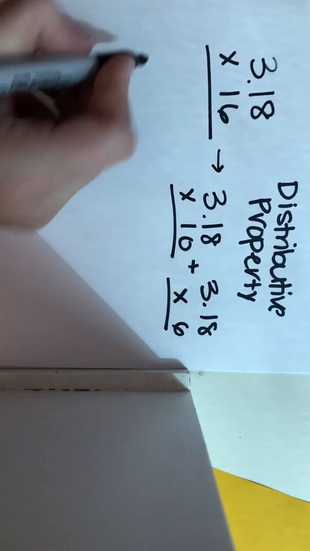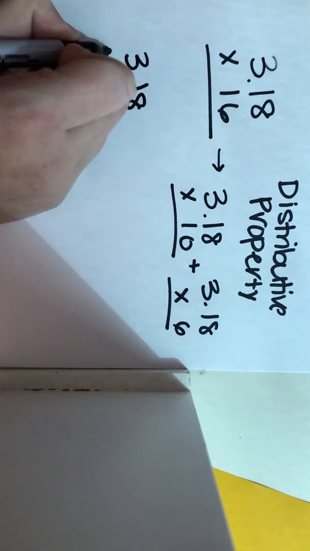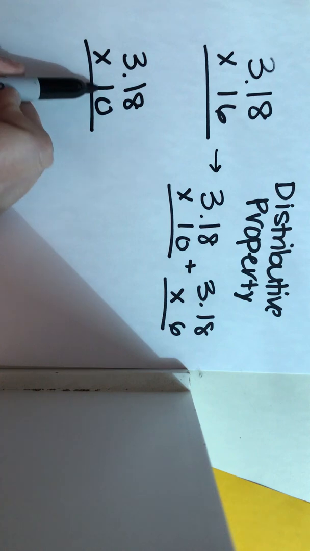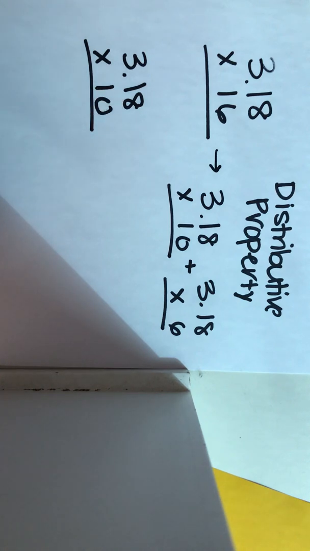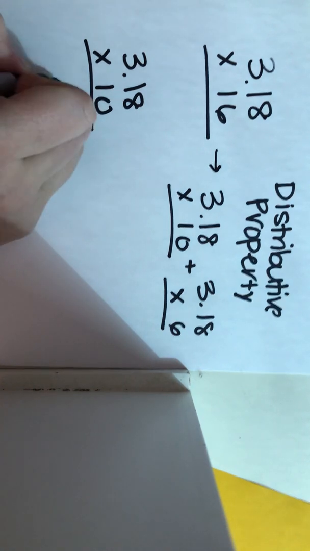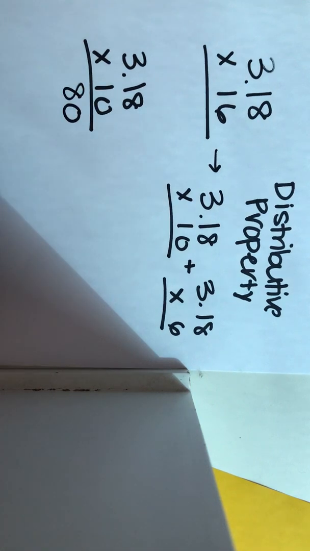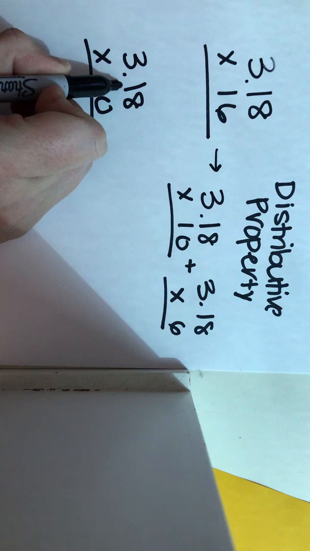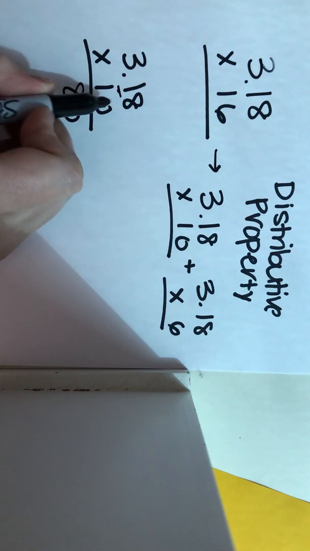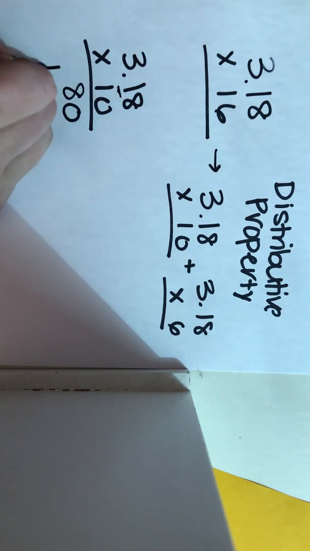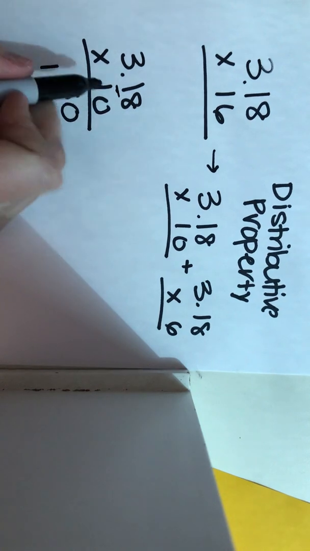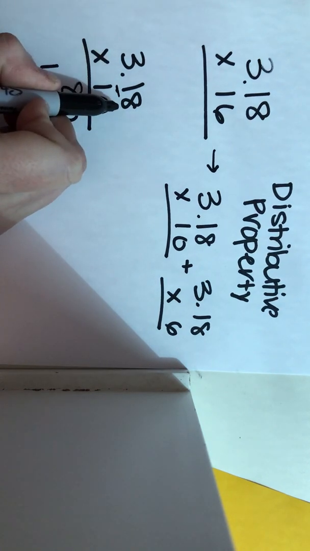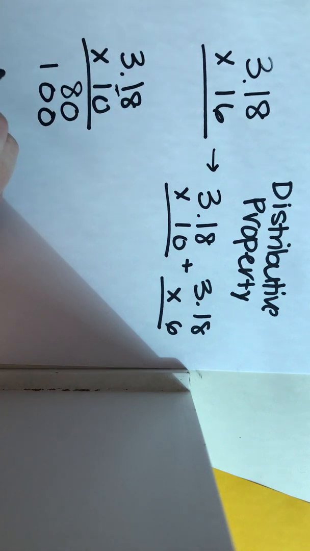So the first thing I'm going to do is I'm going to do 3 and 18 hundredths times 10. Now I think 10 times 8 hundredths is 80 hundredths. Then I think 10 times 10 hundredths, because the 1 in the tenths place. So that would be 10 times 10, which is 100. And then I think 10 times 300 hundredths, because of the 3 in the ones place.